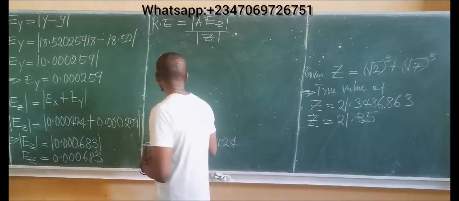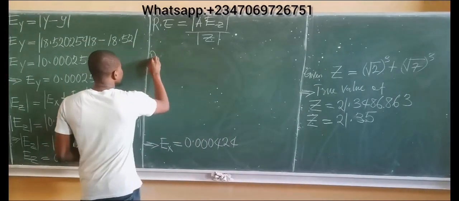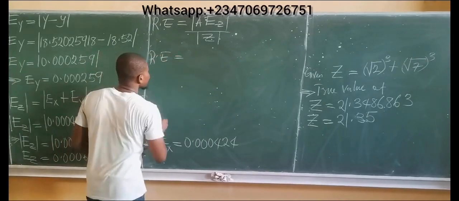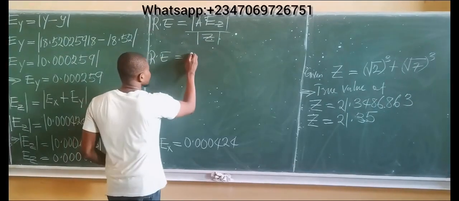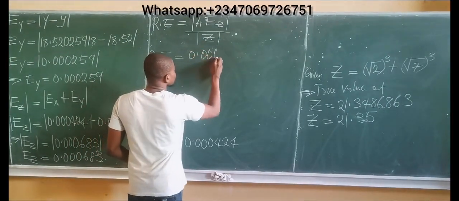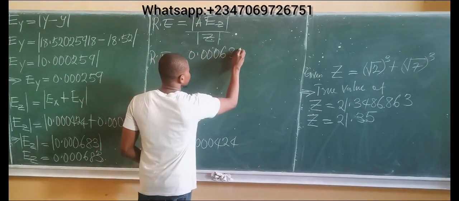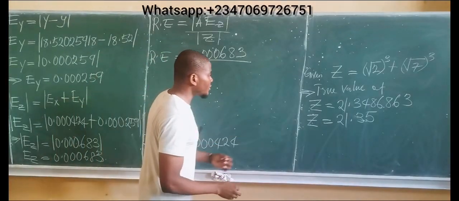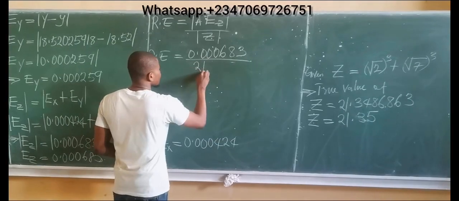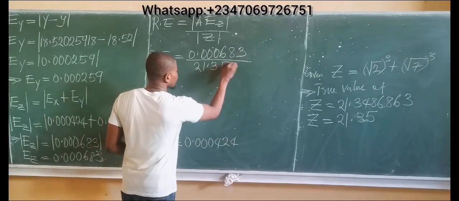Okay, so therefore, the relative error becomes the absolute error in z, which gave us this 0.000683, divided by the true value of z, which is 21.35.